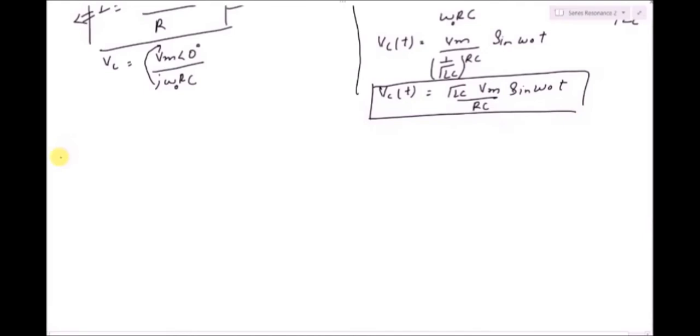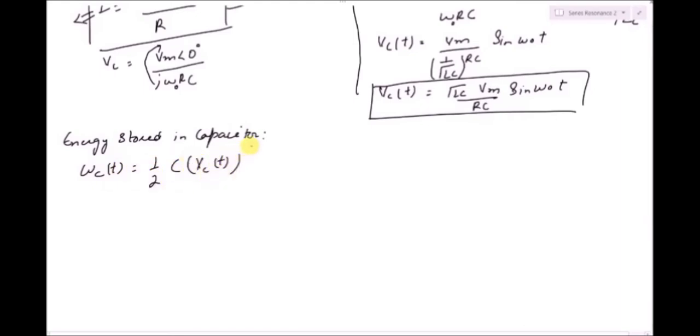Now to find the energy stored in the capacitor, the formula for the energy of a capacitor is half CV square, and this voltage is across the capacitor.